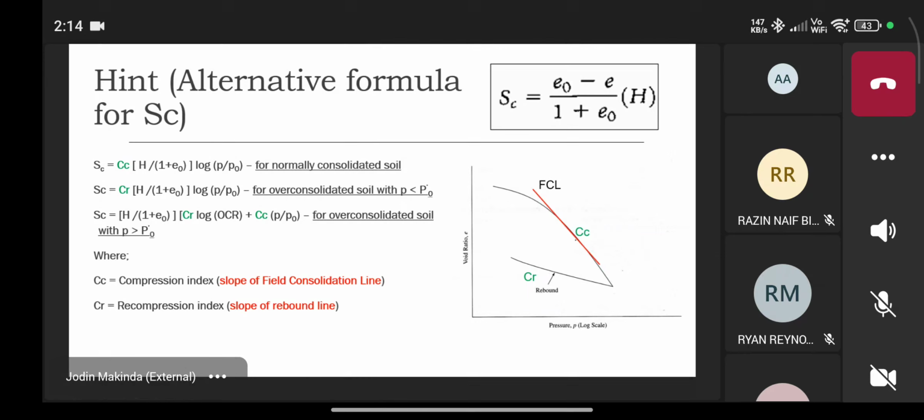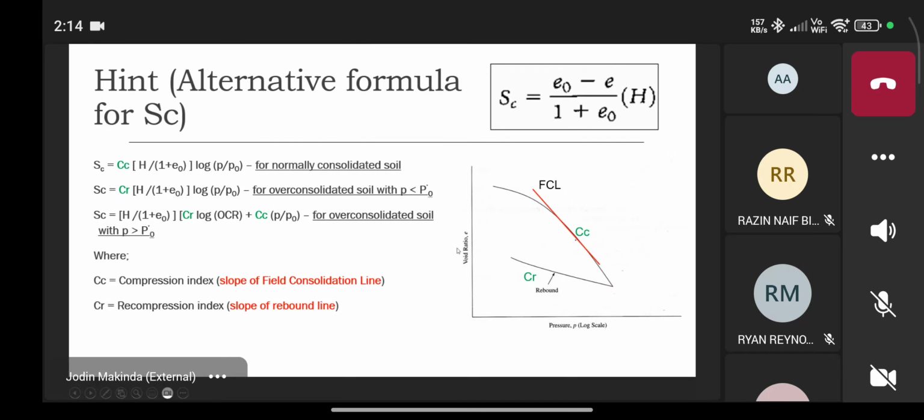So if we want to use CR as an alternative formula, we can use alternative equation number 2, where CC is replaced by CR. This is more commonly used for over-consolidated clay.